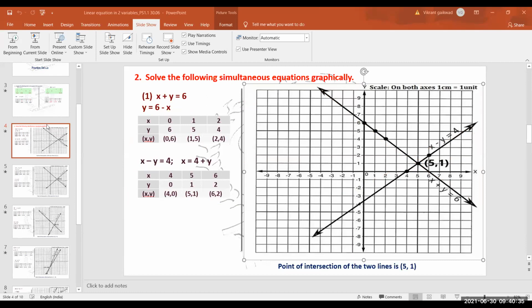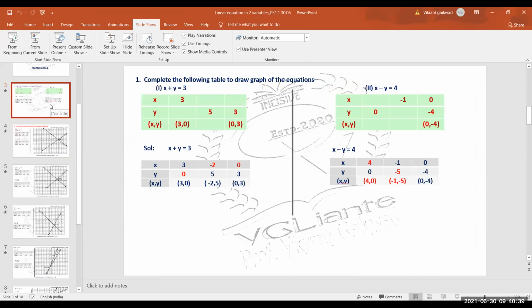Now next is this. Now complete the table. Some values would be given to you. You have to just substitute those values. So now you are checking. In the first row, your x is what? 3. You just replace this x with 3.